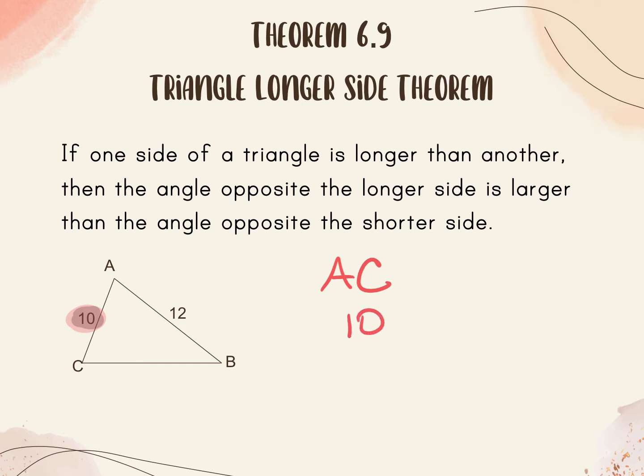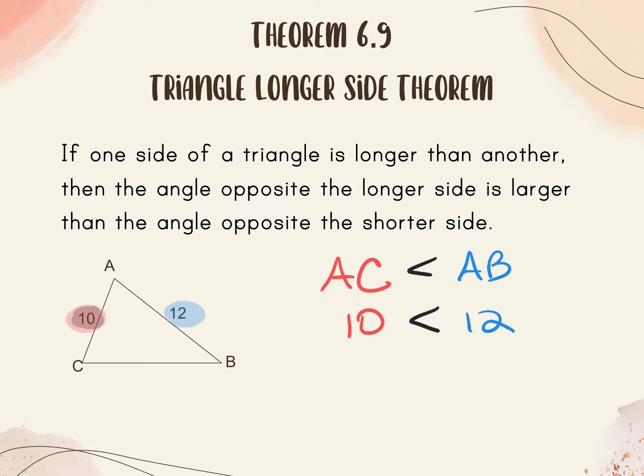And then I also have AB here that equals 12. So AB is 12. And then I'm going to compare. The bigger side is AB because 12 is larger than 10.